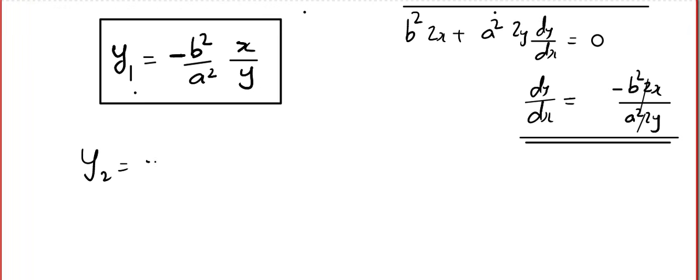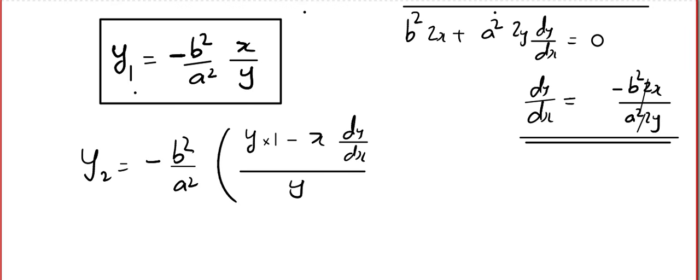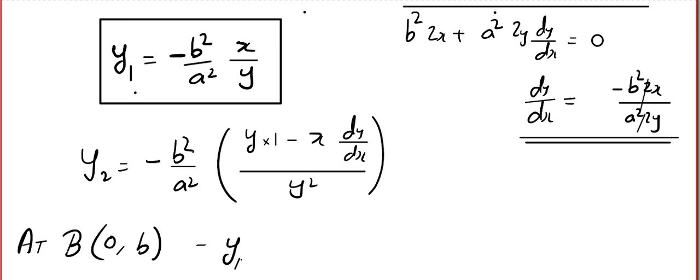Second order derivative means we have to apply the u by v rule. So denominator, derivative of numerator minus numerator, derivative of denominator by denominator square, that will be minus b square by a square. I think we should not simplify because it's at a particular point, right? Now let's write at 0 comma b, y1 is equal to how much? 0 by b is equal to 0.